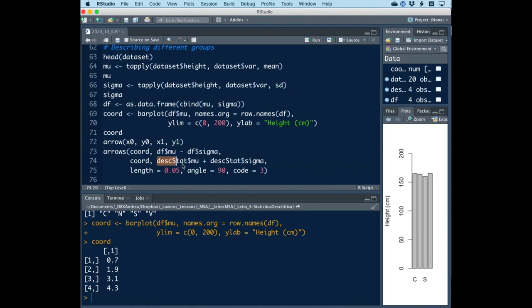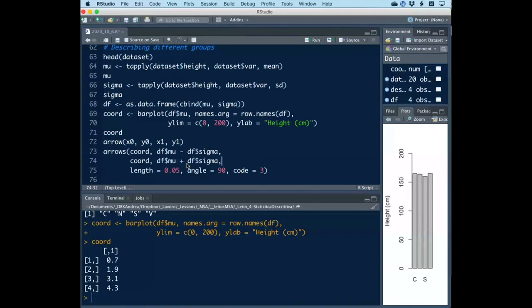What changes is the y coordinate, because we have to put df mu, that is the mean, plus df sigma, right? So I have four coordinates: starting coordinates x and y, and the arrival coordinates x and y.